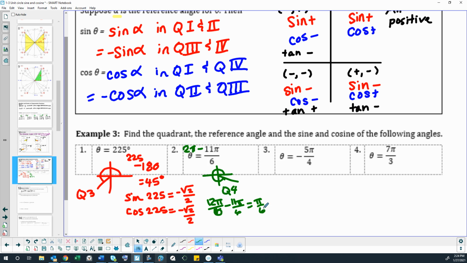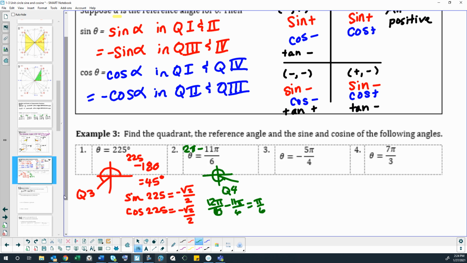The reference angle is literally always going to be the same fraction number on the denominator, and you just eliminate the number in the numerator. So ignore the 11, pi over 6. That's your reference angle, 30 degrees.